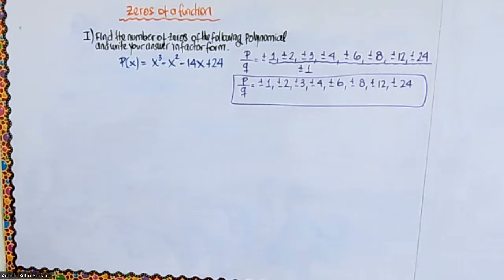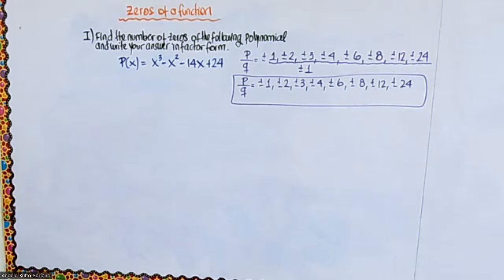Now, what will be the next step? The next step, this is the tedious part, because we have to choose one of these numbers, in order or randomly, and we have to divide using synthetic division. Who's going to be the chosen one? The chosen one will be the number for which, when you divide, we obtain a remainder of 0.